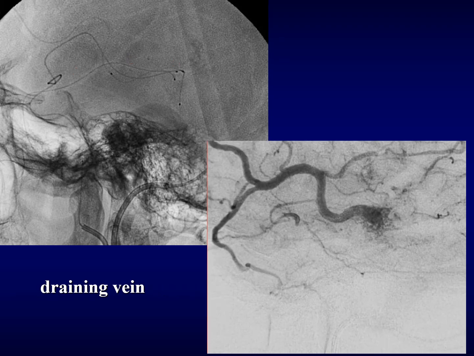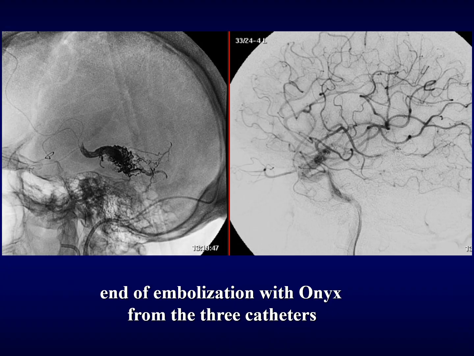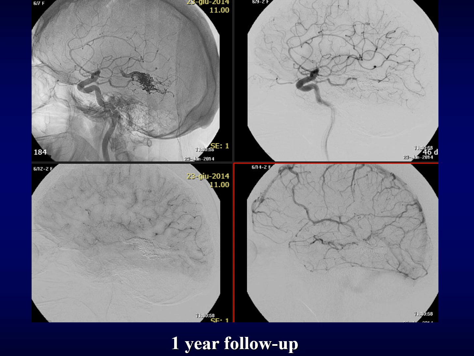And one catheter is in the draining vein, this one. So once you inject Onyx in all these three catheters, you achieve the complete occlusion of the AVM. And this is stable at the 1-year follow-up.